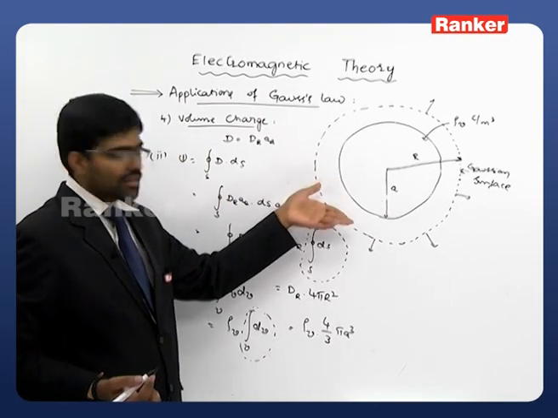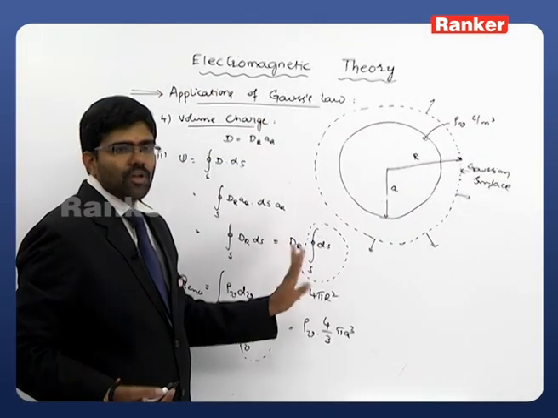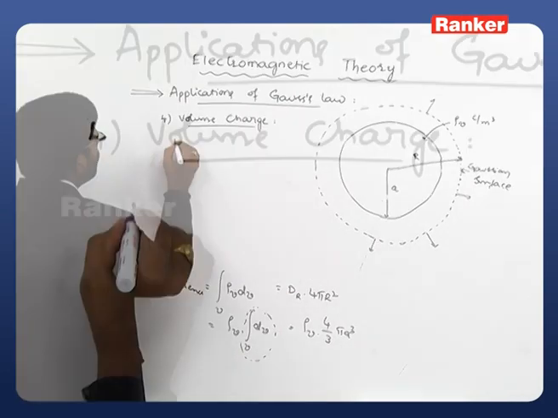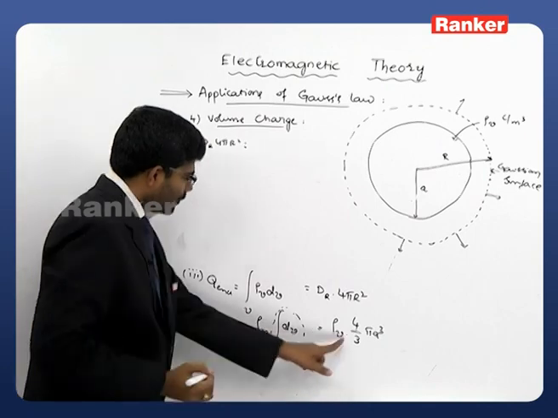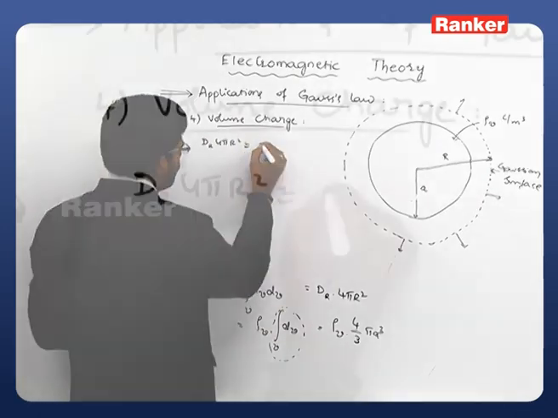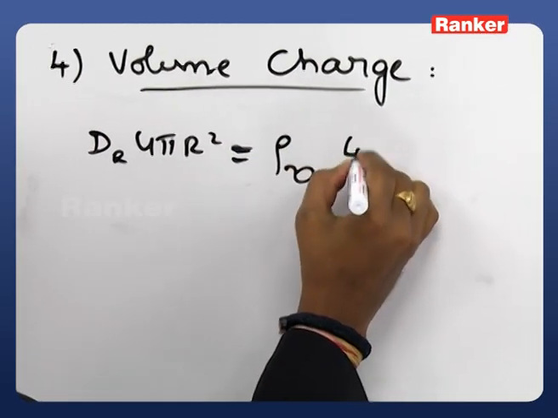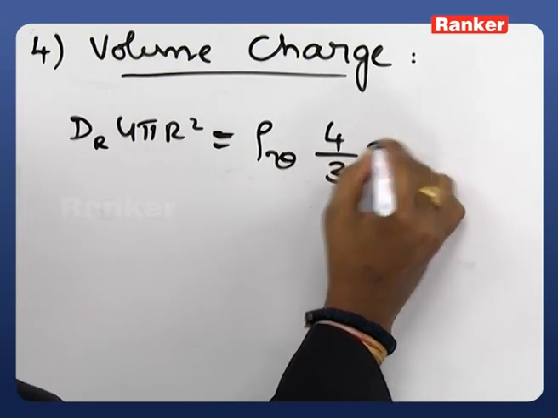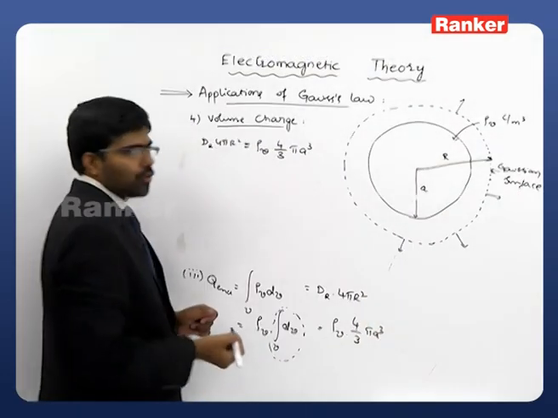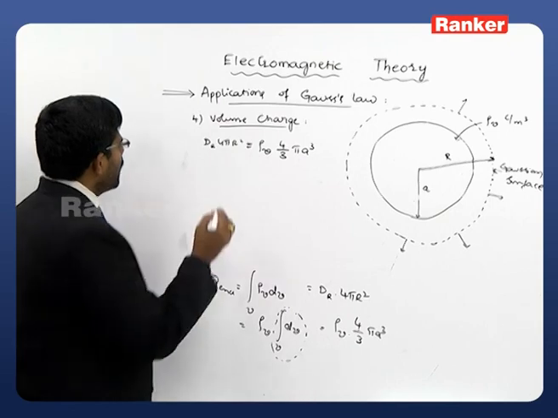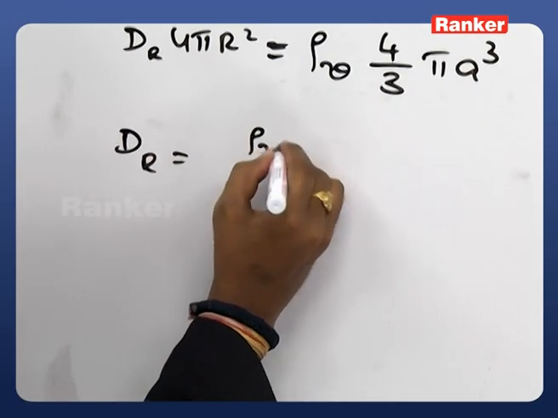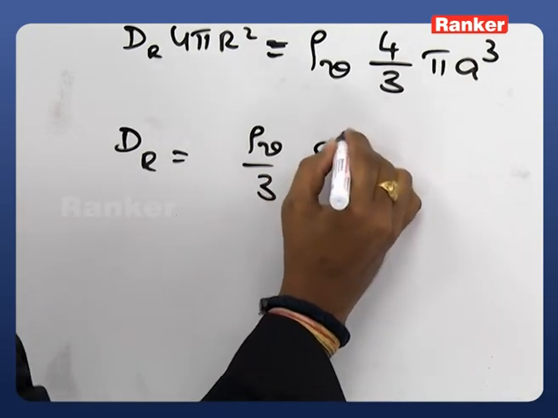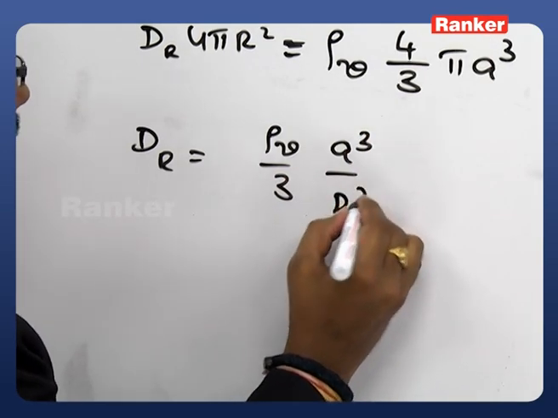Now as per our Gauss law, these two are the same, make them equal. That D_r 4 pi r square is equal to the total charge enclosed, rho_v 4/3 pi a cube, right? Now D_r is equal to, clearly you can write the equation for this D_r as rho_v by 3, a cube by r square.